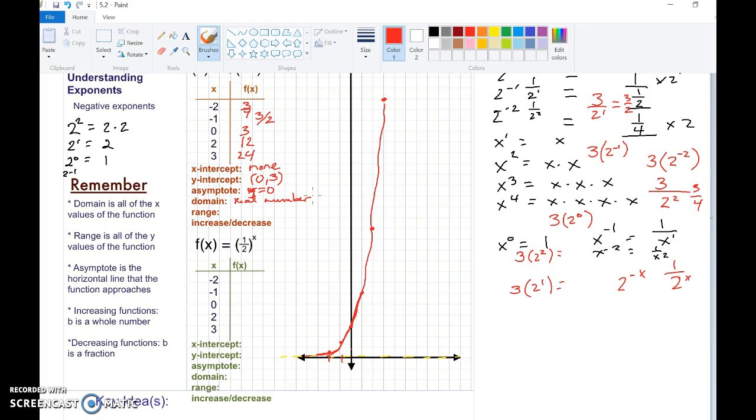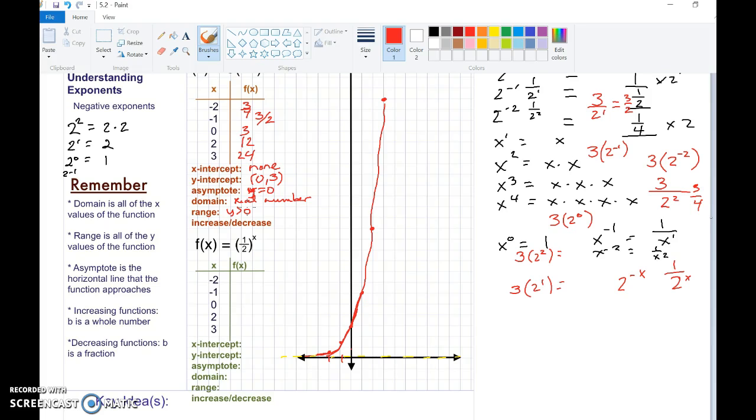Do you notice that there is a very particular part of our coordinate plane that has no graphing in it? It's everything below y equals 0. So our range is y is greater than 0. That means anything greater than 0. Y will never be 0 because our asymptote is y equals 0.